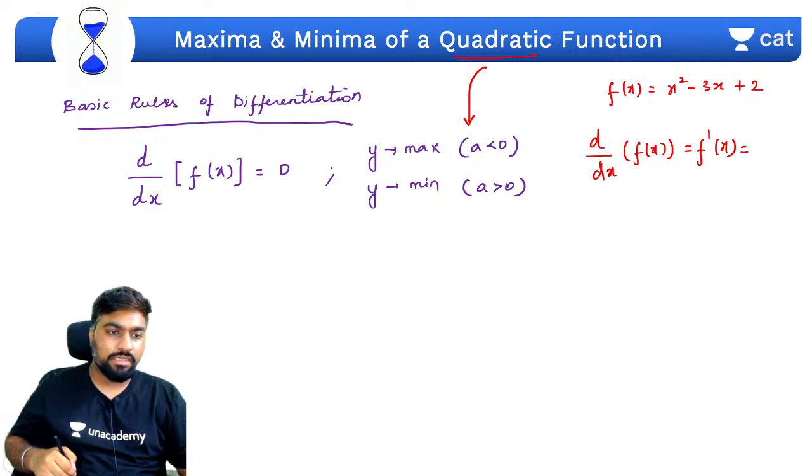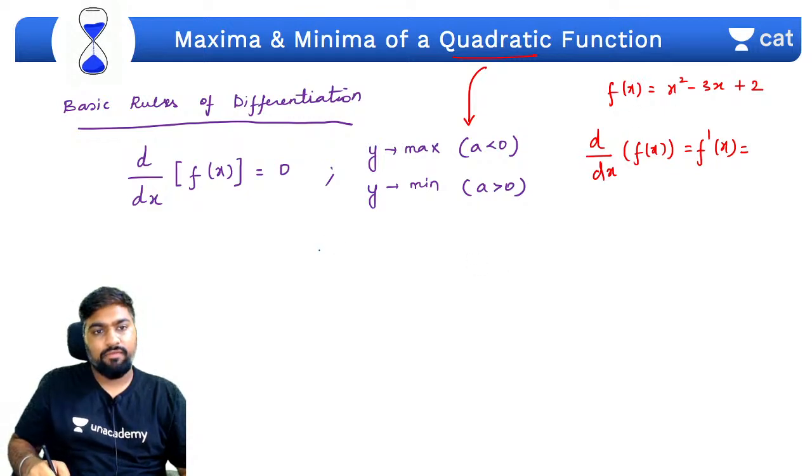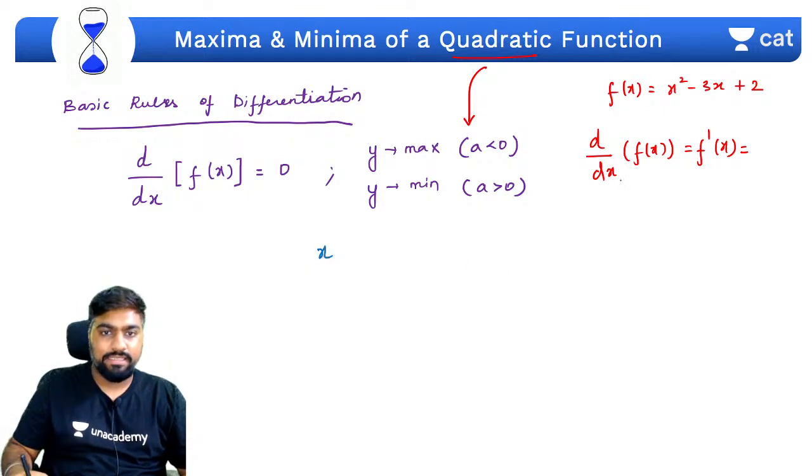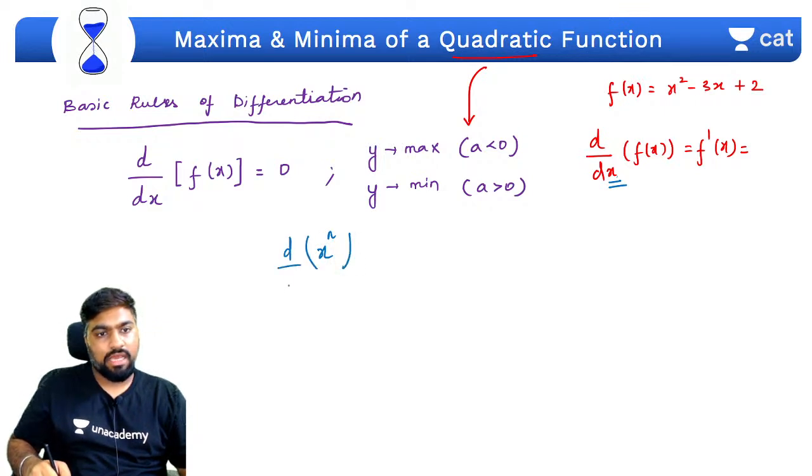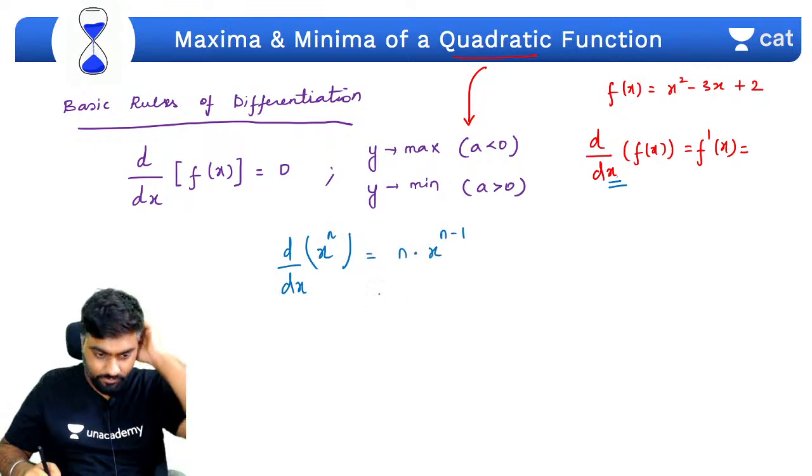So what happens here, listen to the rules. For x square, if the variable x by which you are differentiating has an exponent n, if x is raised to the power n, then the derivative of that is going to be n into x to the power n minus 1.